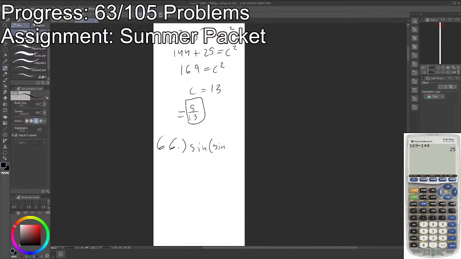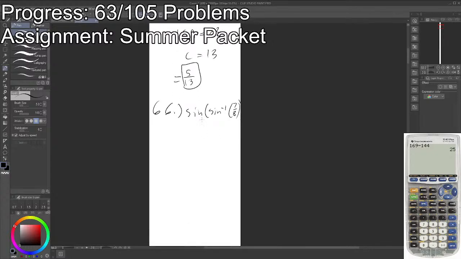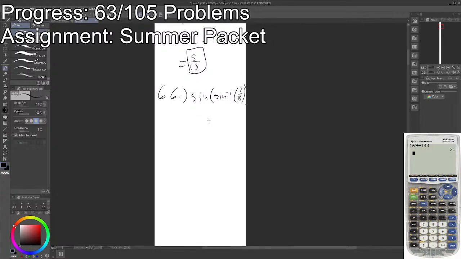Sine inverse sine 7 over 8. Okay, 2 sines. All in the first quadrant for some reason. Going easy on us. Opposite hypotenuse.